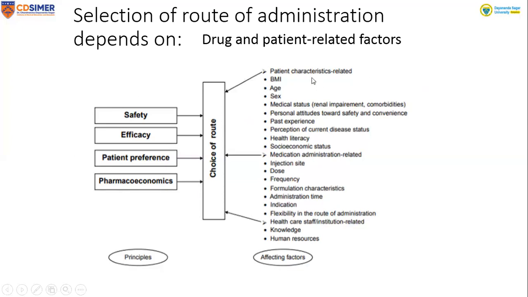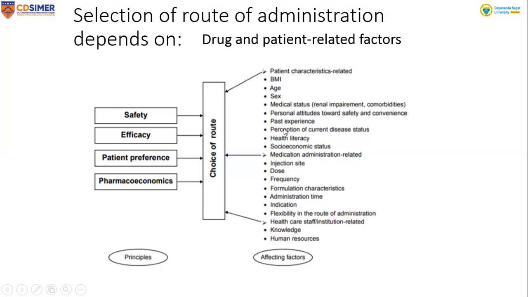So like this, if we see here, what are the other factors which are going to influence the choice of route of administration? That is patient characteristics like BMI, age group, or gender, medical status, renal impairment, comorbidities, personal attitude towards the safety and convenience, past experience.